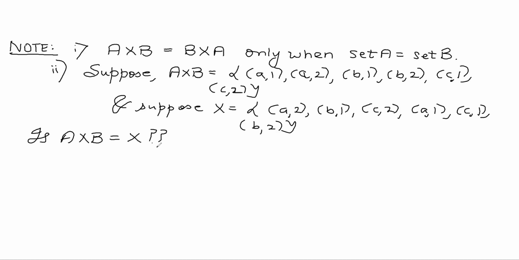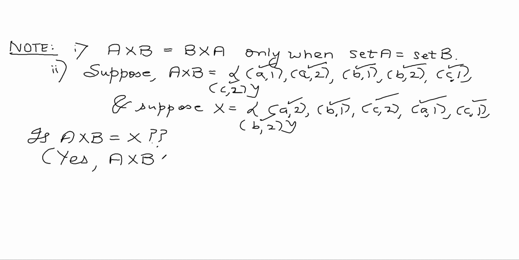For example, if I have (a,1) here, I should have (a,1) here, but it doesn't matter where it is. Same for (a,2), (b,1), (b,2), (c,1), (c,2). So the answer is yes.